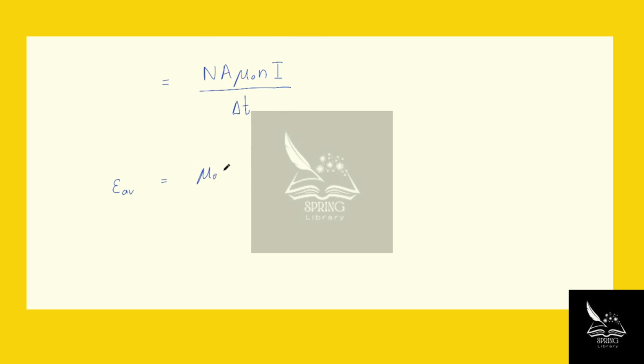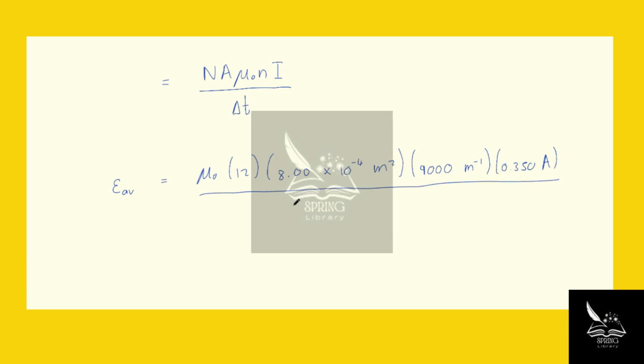That's mu naught, which is 4 pi times 10 to the minus 7 in SI units, times the number of turns, 12, times the cross-sectional area of 8 times 10 to the minus 4 square meters, times the number of windings per unit length, which is 9,000 per meter, times the current which flows through the windings of 0.35 amperes, all over the time of 0.04 seconds.